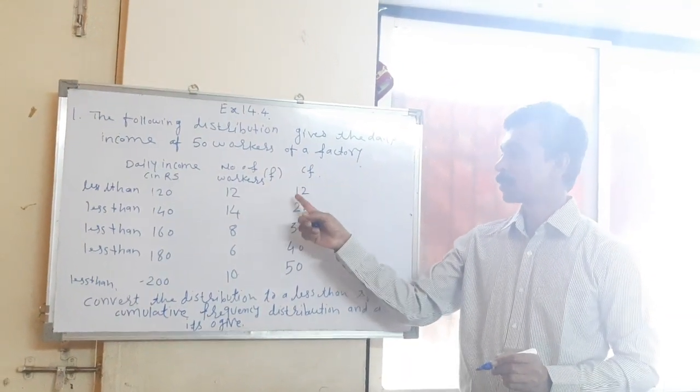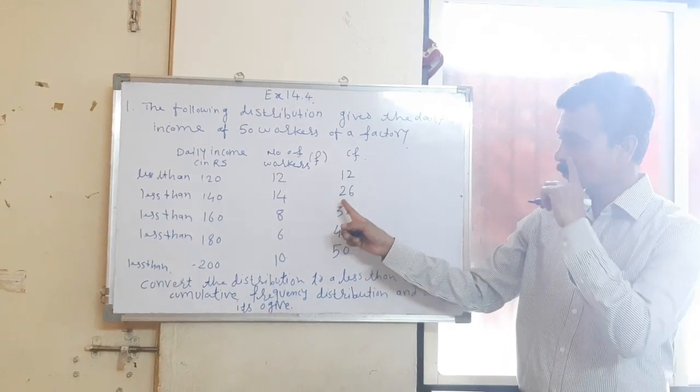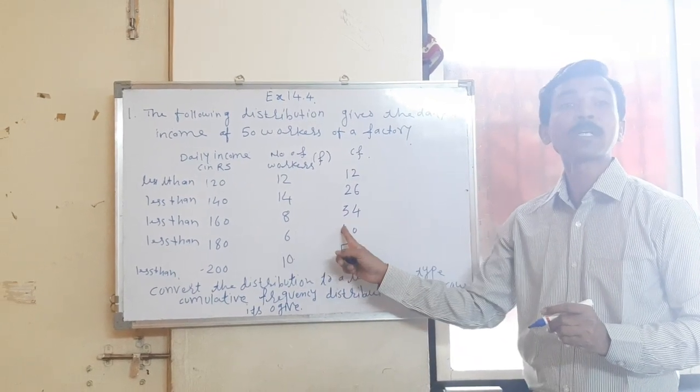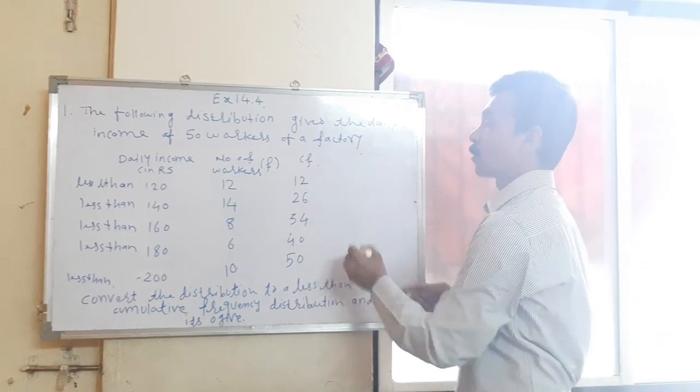Understood? CF, first number as it is, then 12 plus 14, 26. 26 plus 8, 34. 34 plus 6, 40. 40 plus 10, 50.